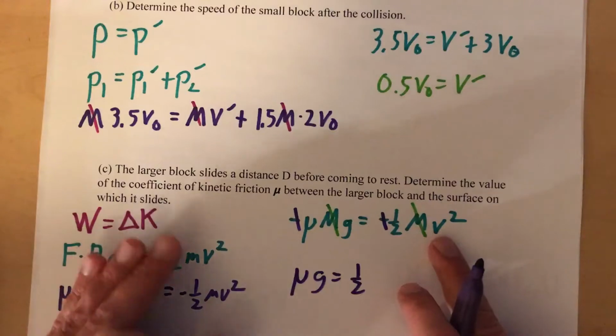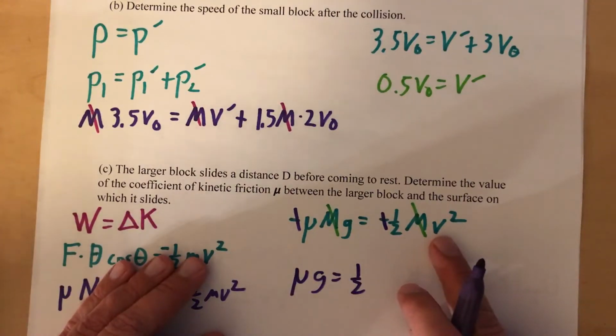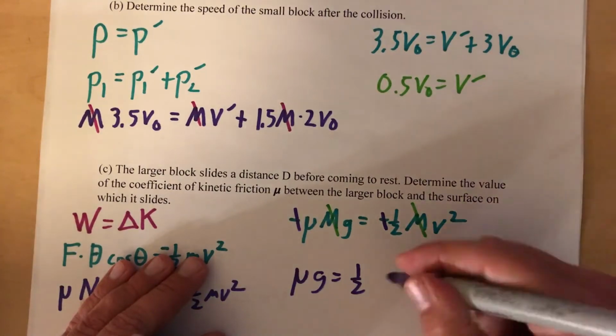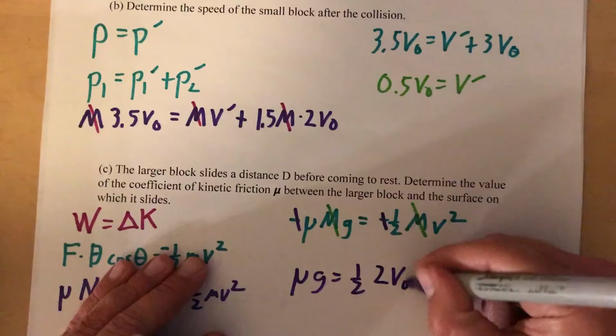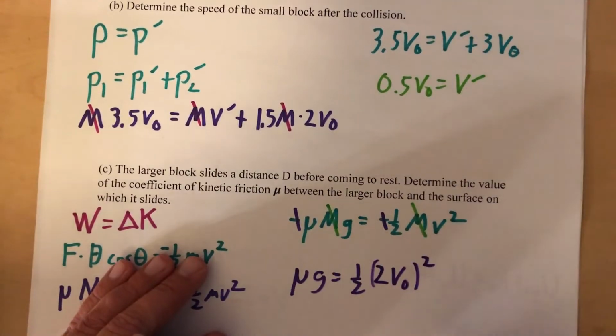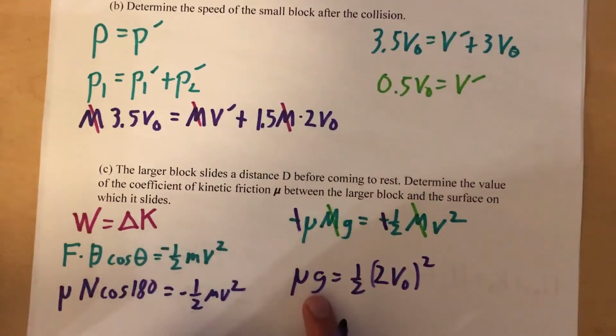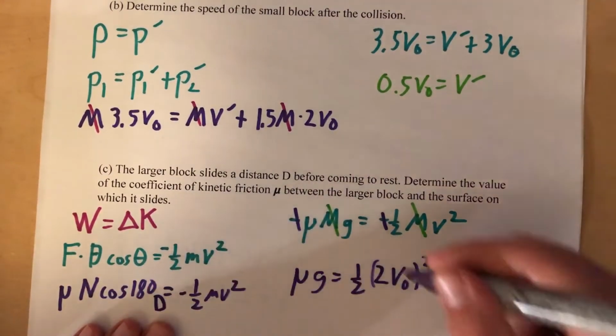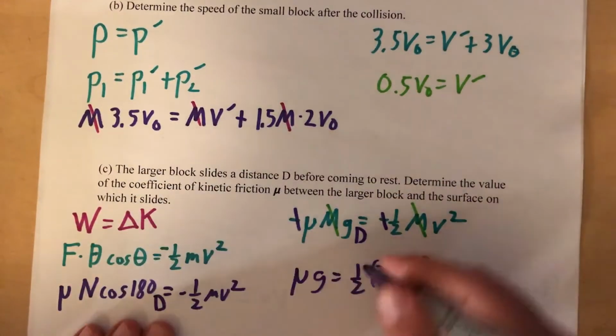And now we should finally plug in that velocity that they said it slides off with. So the smaller block slides off with the velocity, remember they said, of 2v0. And all of that gets squared. So when we go to solve for this mu, whoops, I left off something. Mr. Frankenhoff, there should be a d here and a d here. I left off the distance.